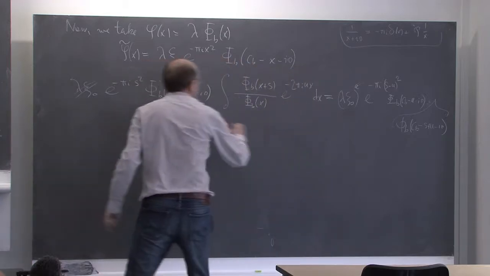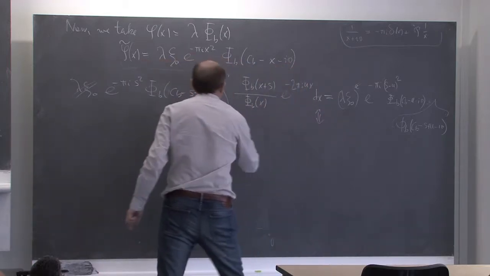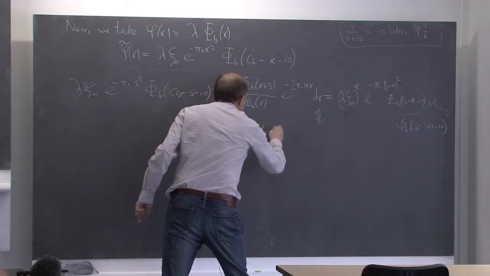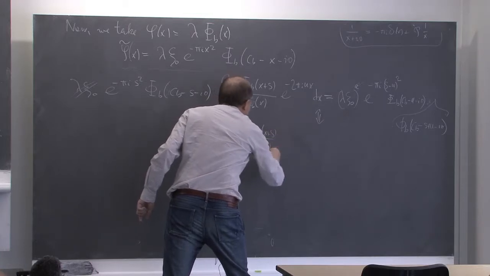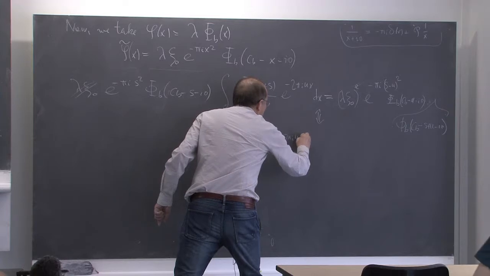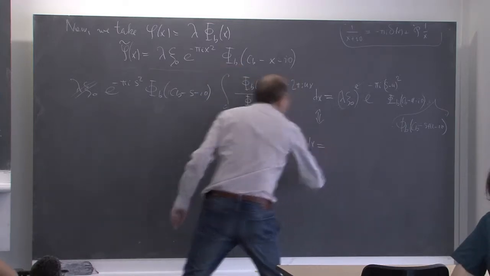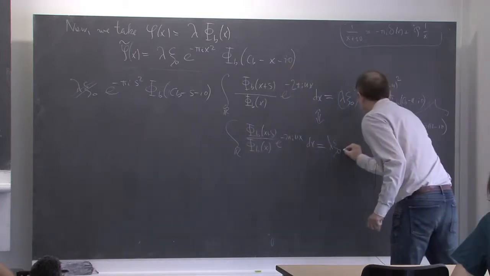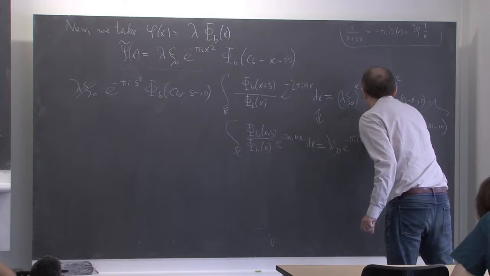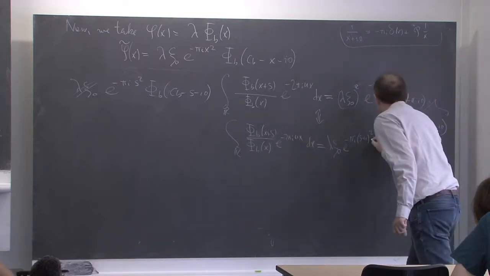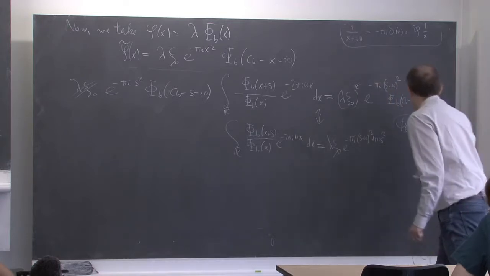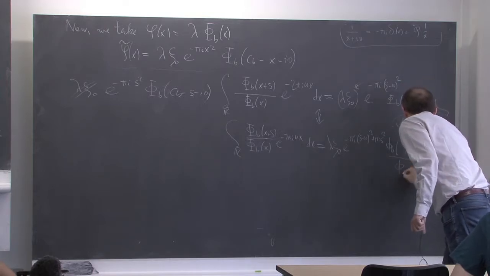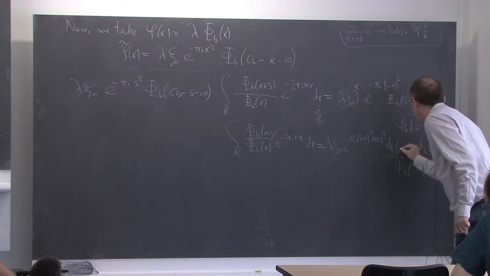So this is equivalent to just a pure integral over R, a Fourier integral of that kind, divided by phi b of x, e to the minus 2 pi i u x dx, equal to lambda zeta 0 e to the minus pi i (s minus u) squared plus pi i s squared phi b of c_b minus i0.